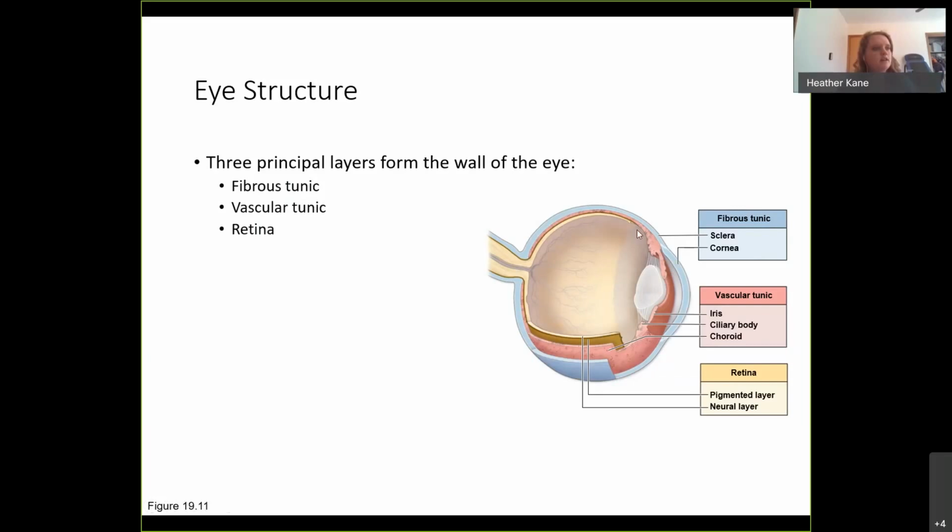All of these are going to be parts that are going to move. We have the choroid, which is made up of those blood vessels. But then we also have the ciliary body, which is an important muscle that's going to help to control the lens. We have the lens. The lens is going to change shape depending on what you are focusing on.